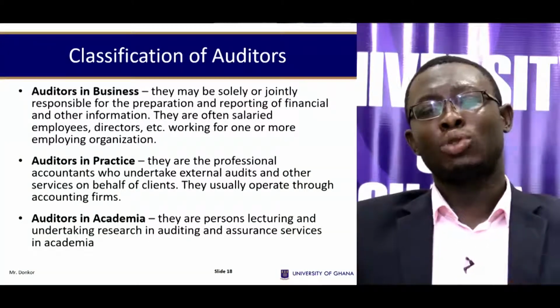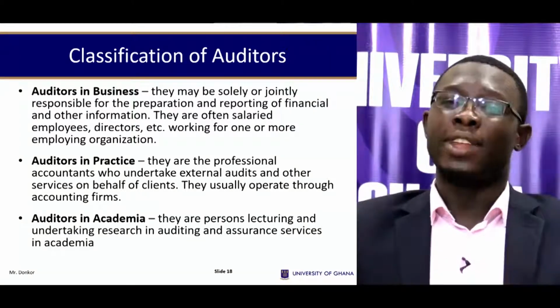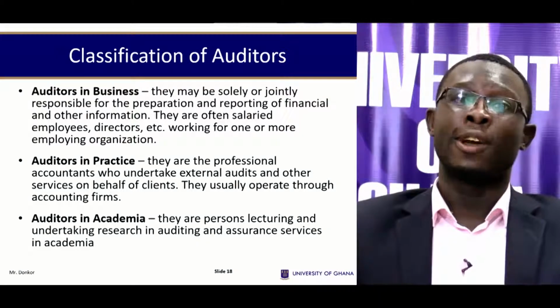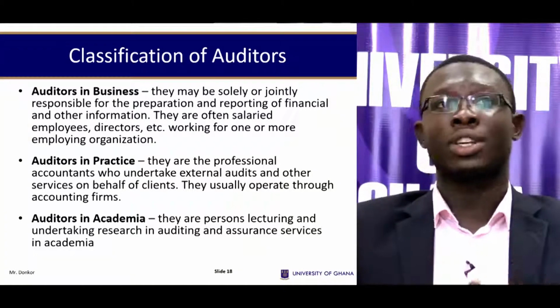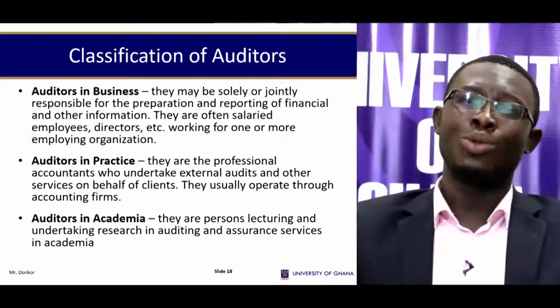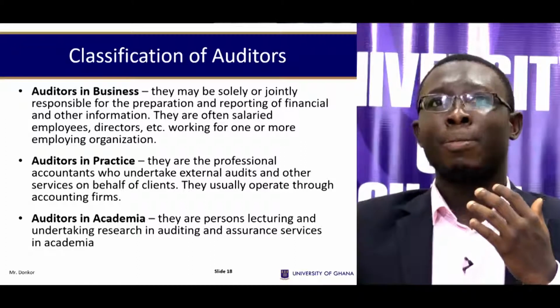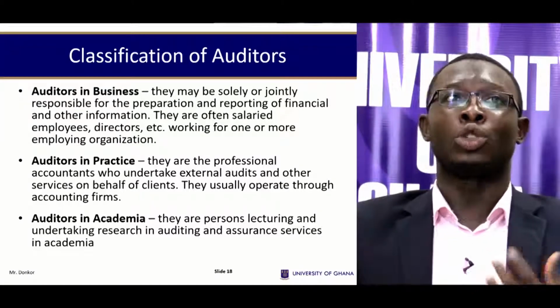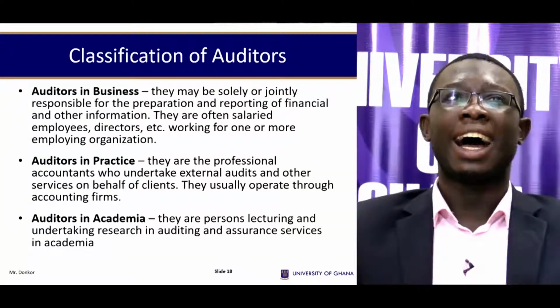Now we've been able to know the various types of audit. It is also very important to know if there are classifications of what? Auditors. Yes, we have three main classifications: auditors in business, auditors in practice, and auditors in academia. Auditors in business, who are they and what are they, to be specific? They are solely or jointly responsible for the preparation and reporting of financial and other information.